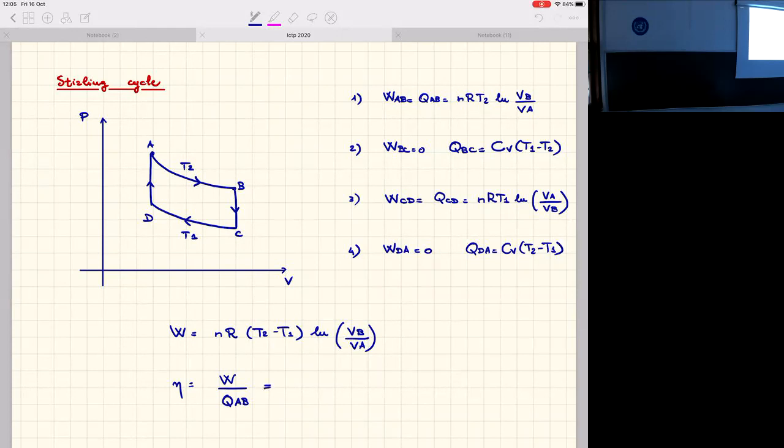And therefore, you get again 1 minus T1 divided by T2.